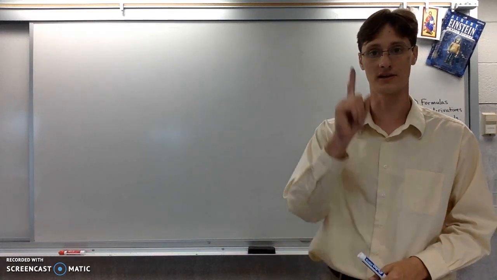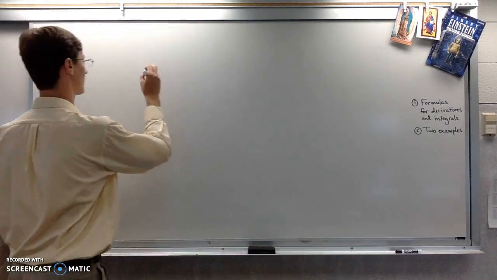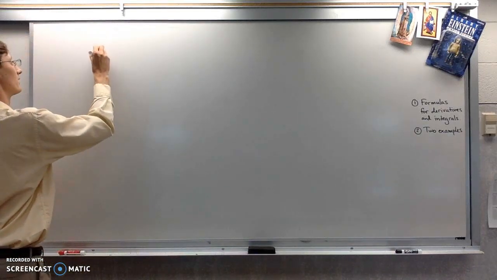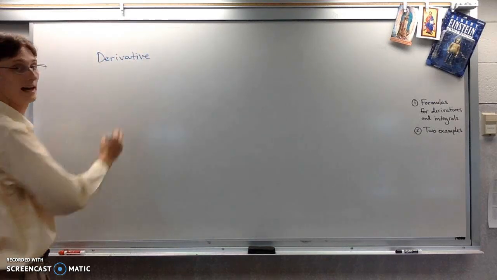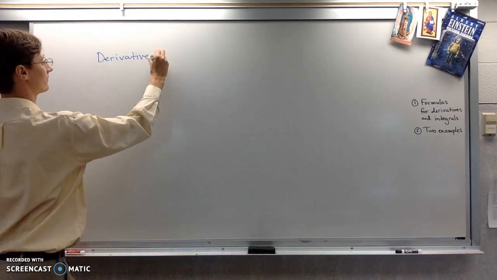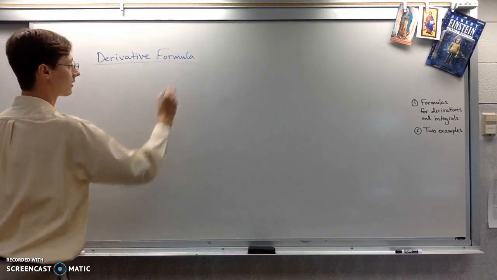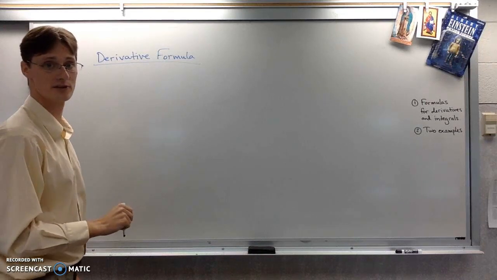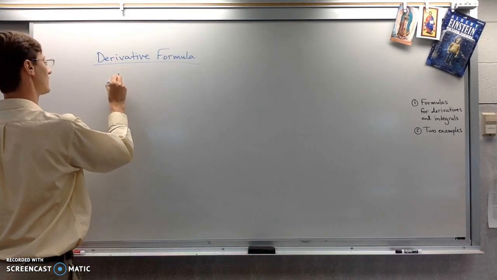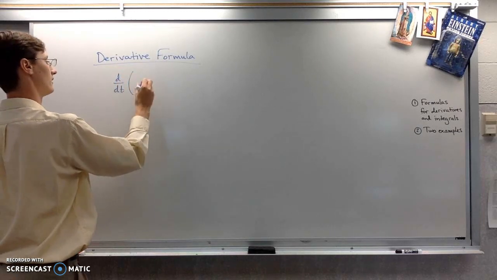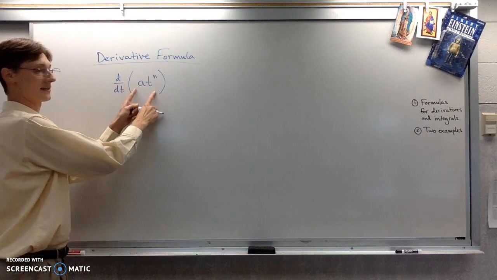Okay, so to start with, thing one is you need formulas for these things. So, the derivative formula. There's only one that you are going to have to know for this class. And that is for taking the derivatives of functions that are called power functions, which are anything that look like this.